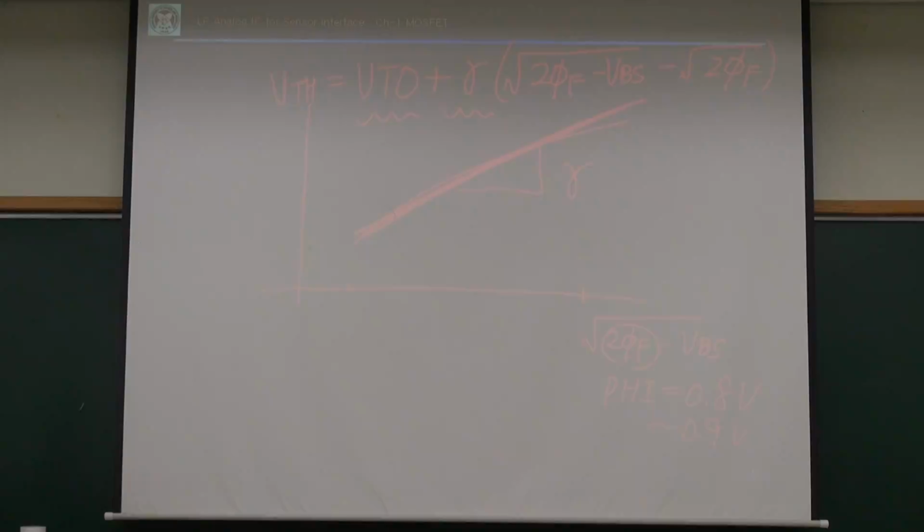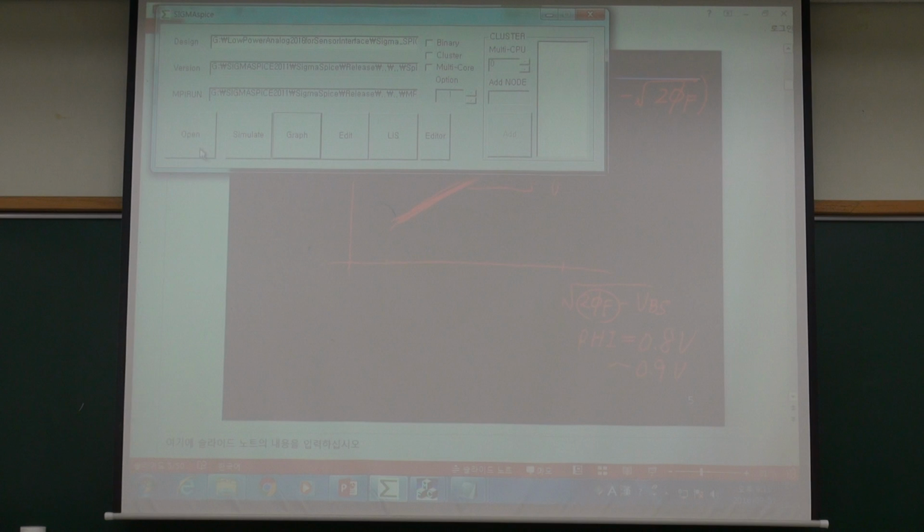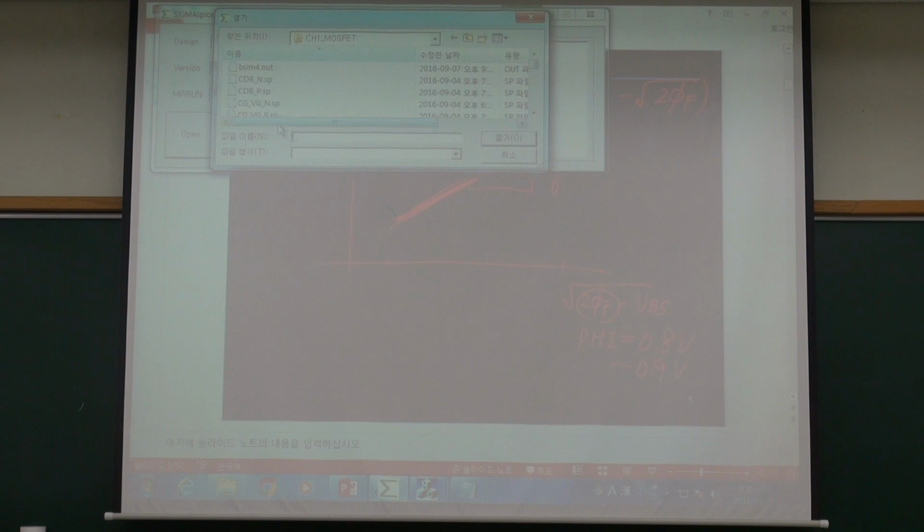I assume the SPICE simulation result is my measured data. Okay. Then let's try to calculate KP and others. So let's see, where is my KP? I can derive my KP. Let's see. How can I calculate my KP?